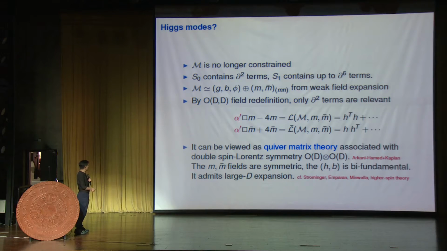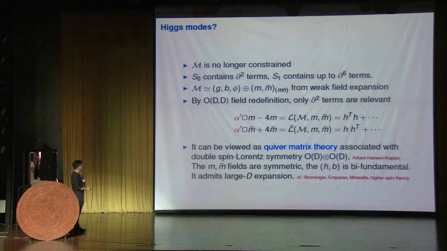Now with the alpha prime correction, they get dynamics through this derivative term. Therefore, M and M bar are genuine dynamical fields. So the alpha prime going to zero limit is singular in the sense that at leading order in alpha prime, we have only the G, B, phi supergravity fields. But at first order in alpha prime, M and M bar kick in as new degrees of freedom.